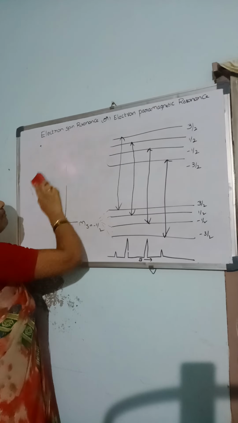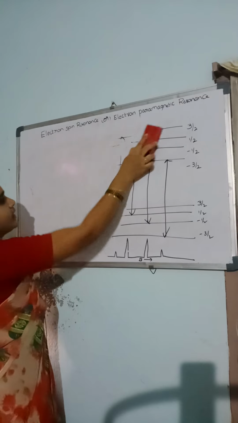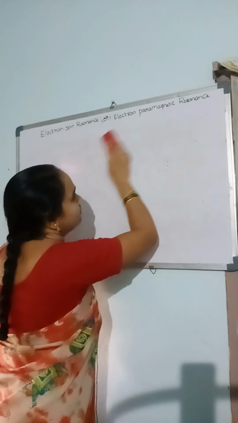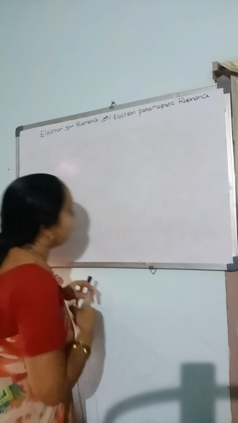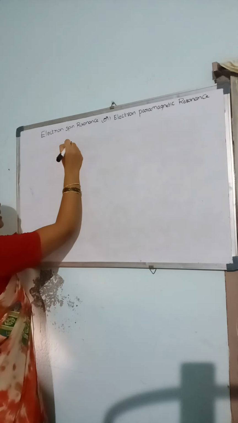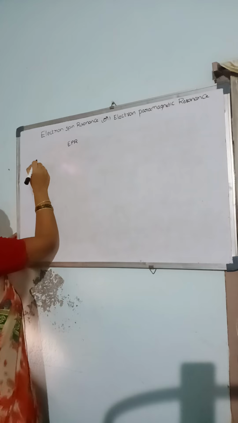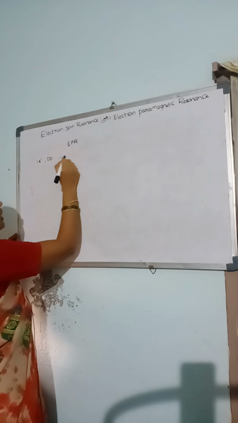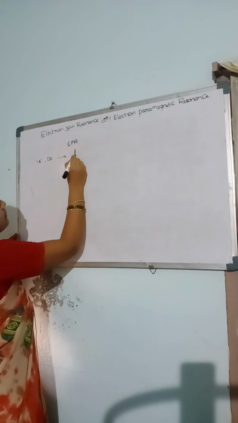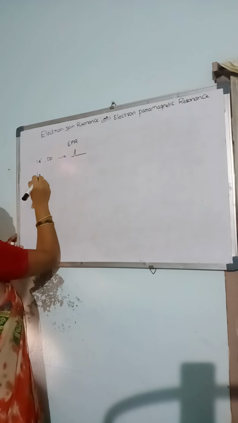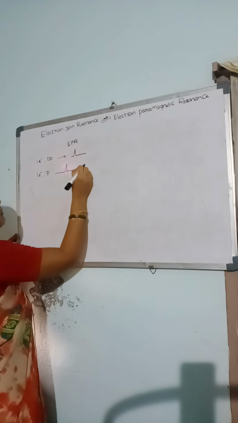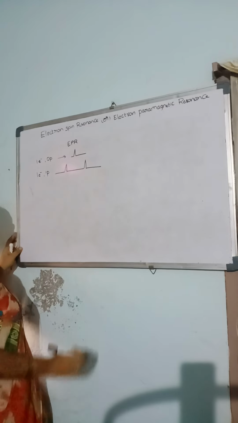Next, if you summarize all these EPR spectrums, how am I summarizing this EPR spectrum? For 1 electron and 0 number of protons, we got only one single spike. For 1 electron and 1 proton, we are getting 2 spikes separated by constant distance.